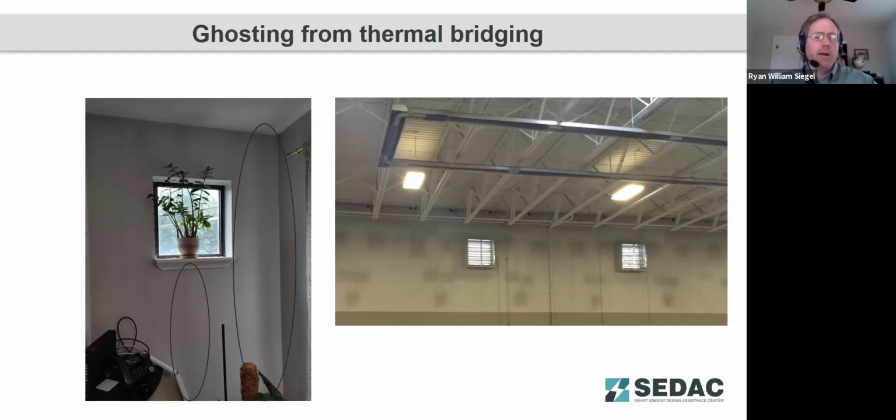Being aware that the ghosting you see here is not actually the problem, but the symptom of the problem. The problem is the thermal bridging, and the symptom shows up as ghosting from dirt adhering to condensation that forms on these walls.